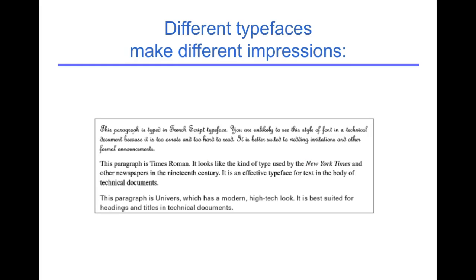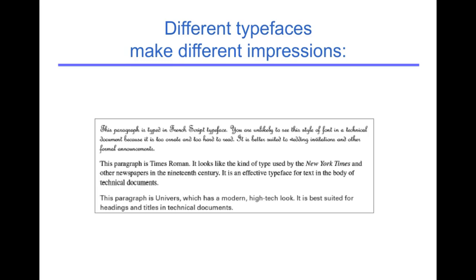If you look at the text box here, you can see the first almost looks like it's cursive writing, and that's called French script. And that is not nearly as easy to read as the paragraph below it, which is Times Roman. This is what you would typically think of as a newspaper, the New York Times. It's where it gets its name.